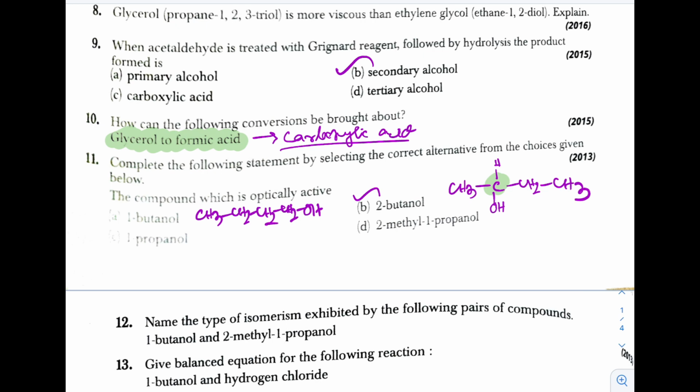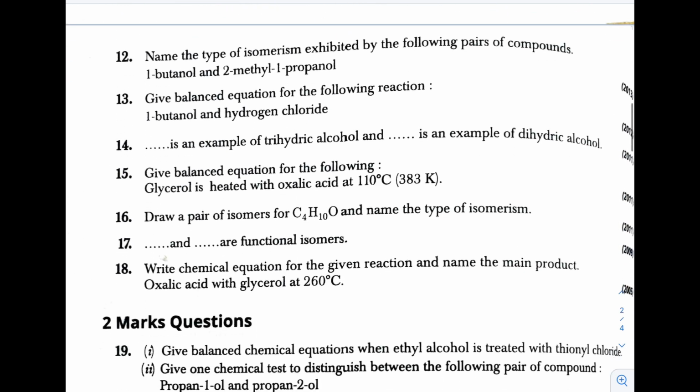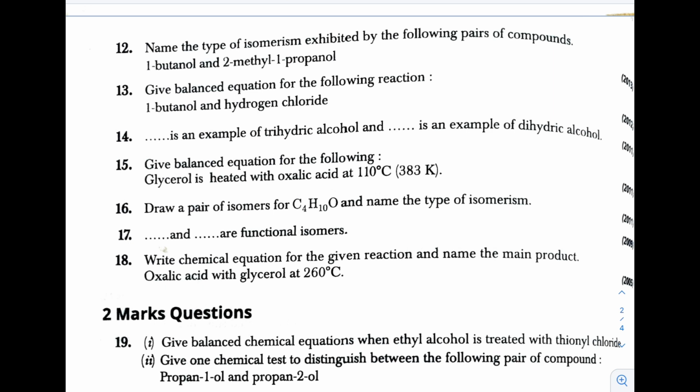Next, we'll move to question 12. Name the type of isomerism exhibited by the following pairs of compounds: 1-butanol and 2-methyl-1-propanol.